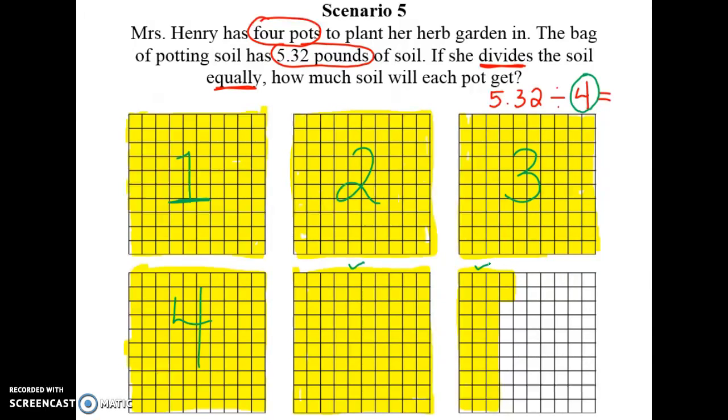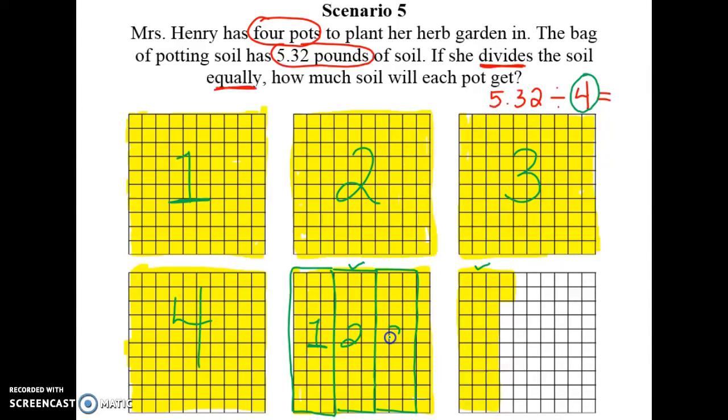So if I divide 13 tenths by 4, how many tenths would go in each pot? 3 tenths. So watch what I'm going to do. Remember, I only have 4 potted plants. I'm going to put a 1 in here. That'll go with the first one. This one will go with the second one.